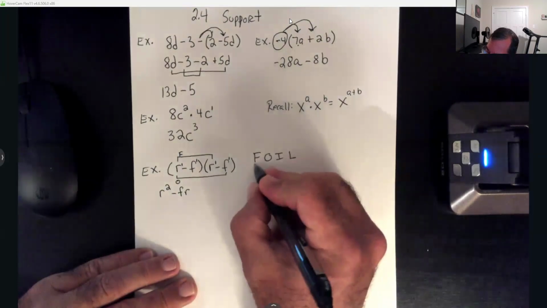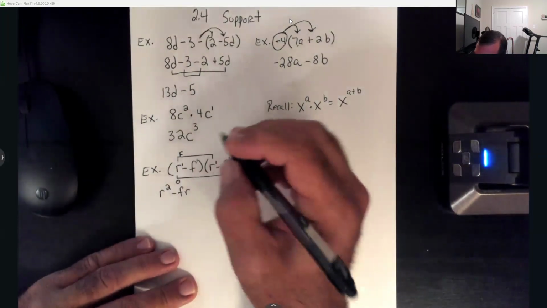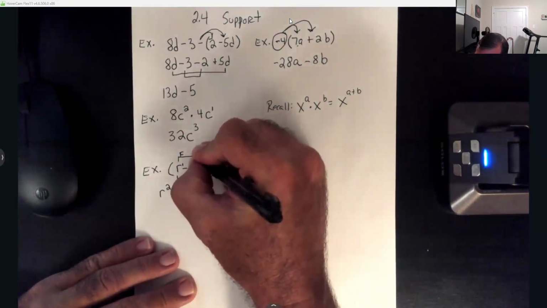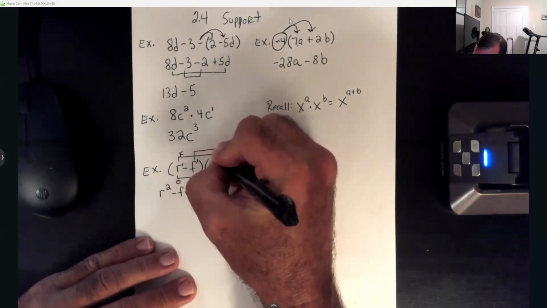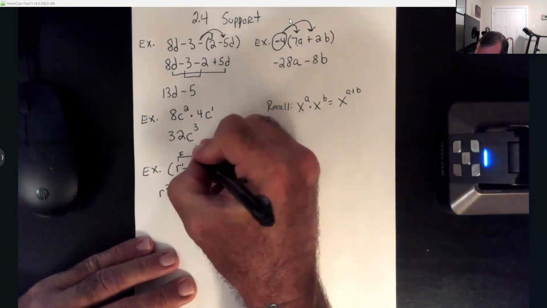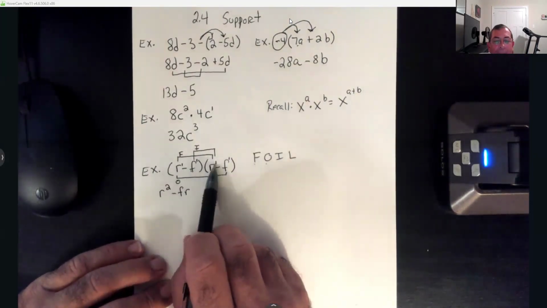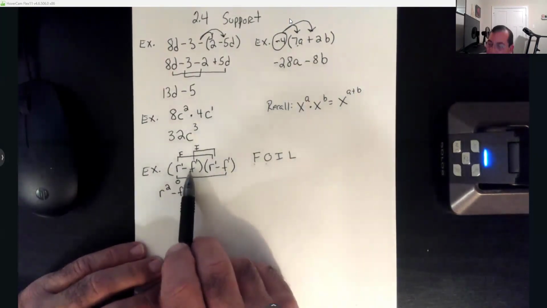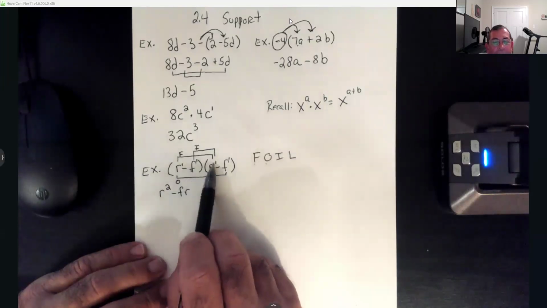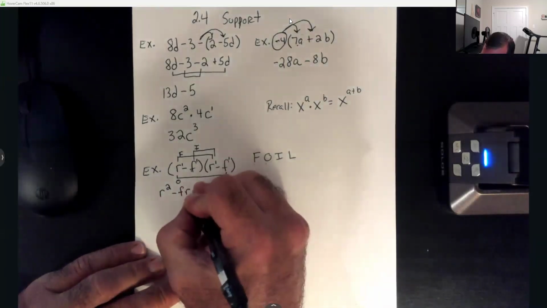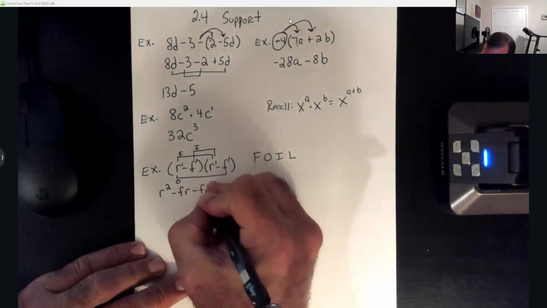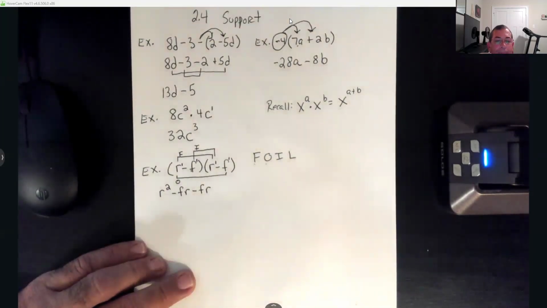All righty, y'all, that's the F and the O. The I is the two innermost terms. So now you're starting to distribute that negative F. So this negative F times R is a negative FR.